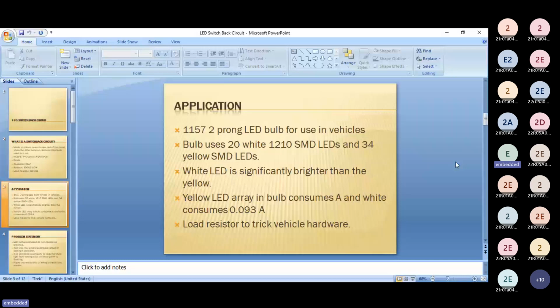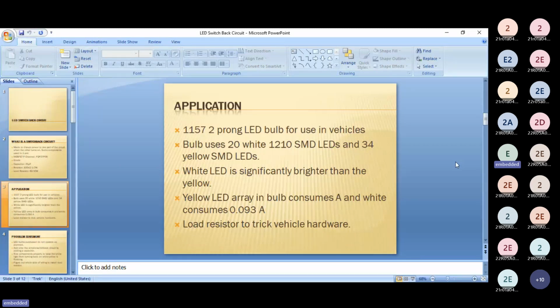So the bulb uses 20 white 1210 SMD LEDs and 34 yellow SMD LEDs. White LED is significantly brighter than the yellow. So the yellow LED array consumes some current and white consumes 0.093 amps. So load resistor is used to trick the vehicle hardware.